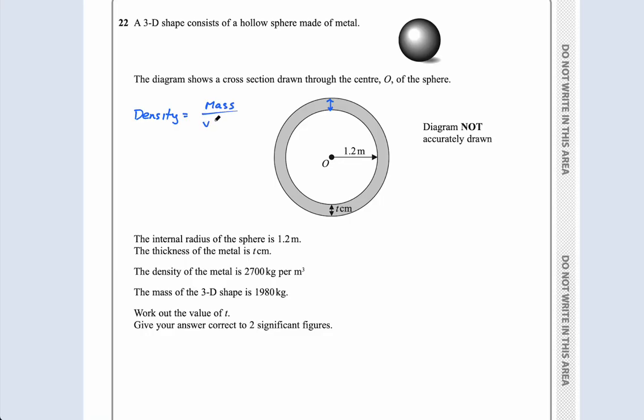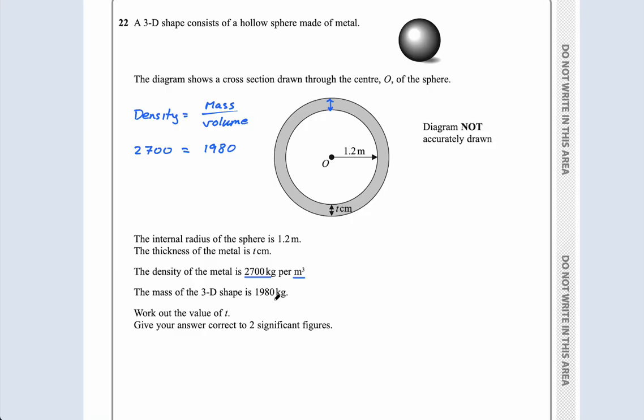A nice hint, if you forget that formula, guys, is that it says the density is 2,700 kilograms, which is a mass, per meter cubed, which is a volume. So density is mass over volume. We have the density, it's 2,700. We have the mass, it's 1,980.